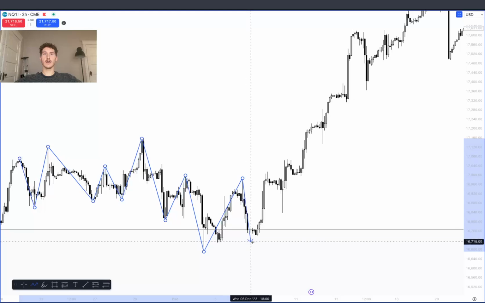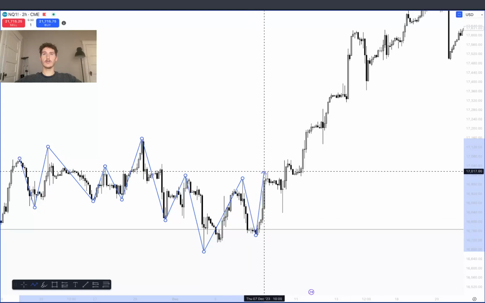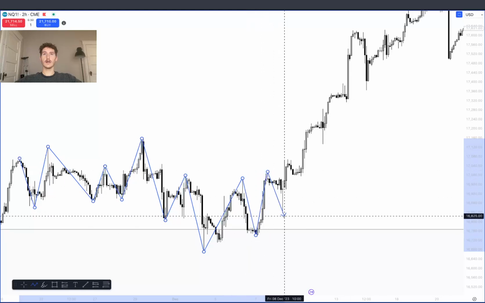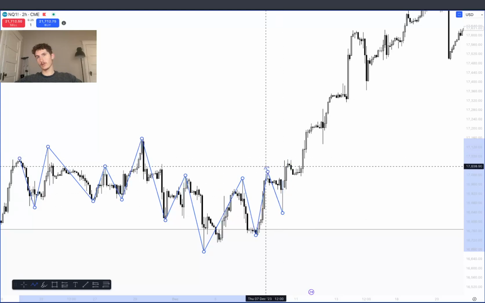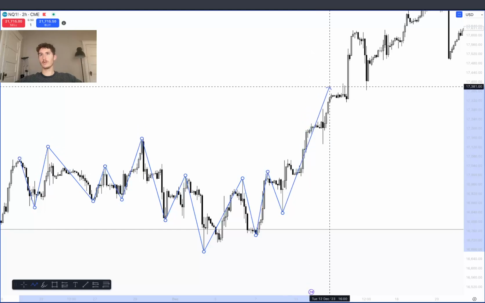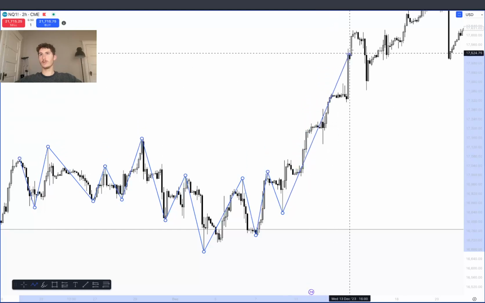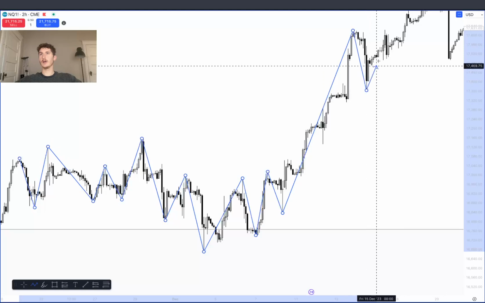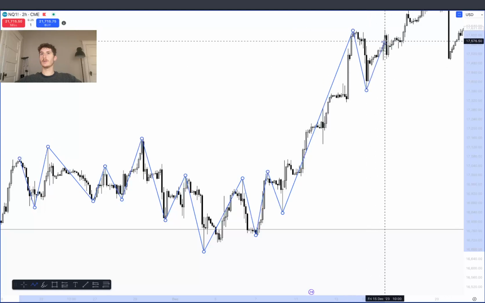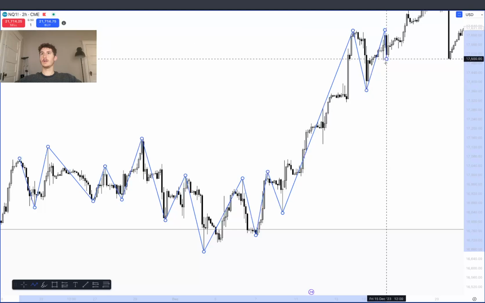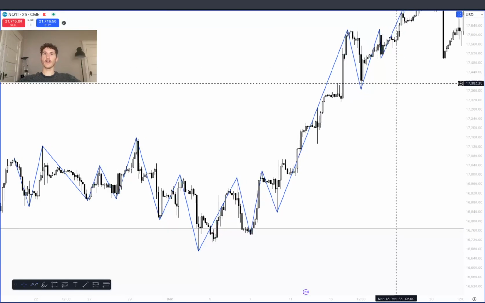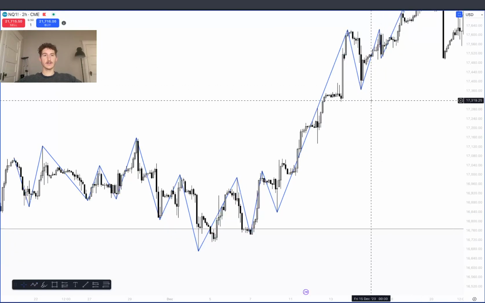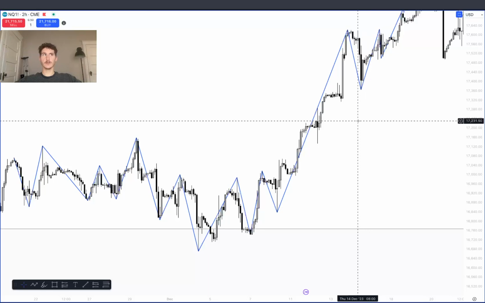Go ahead and cover this one out, high, low, high, low, high, low, high, low, high up here. So as far as candlestick structure goes, here are highs and lows.